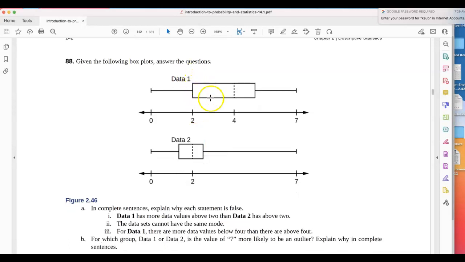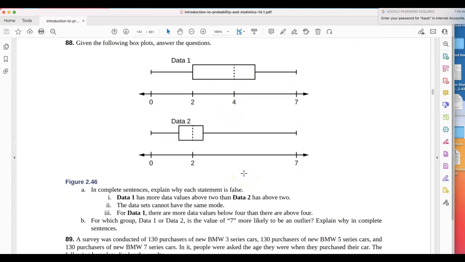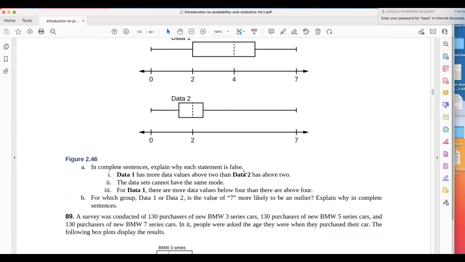This one has more middle data than this one because it's shrunk down. This one has more between 3 and 7 than this one would, because one whole quarter is between 3 and 7. Most of the data there would be between 3 and 7 because you have a long line.